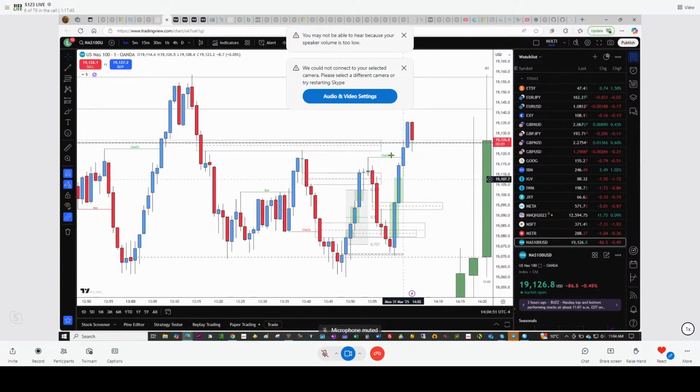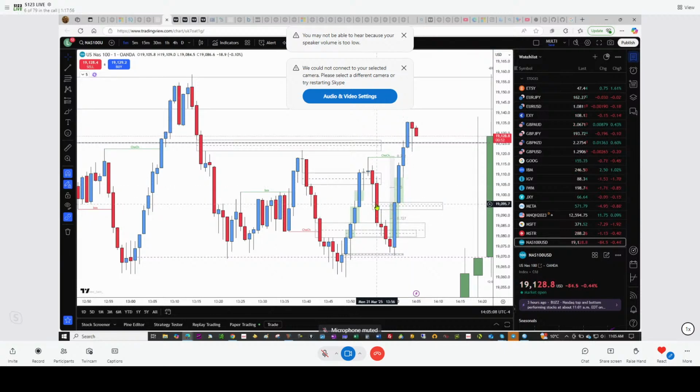So where will we retrace to? We'll be looking for a 50% move of this guy or lower. So we want to come down into this gap or lower, ideally. So this inverted gap would be nice if we come all the way back down there. I don't know if they're going to do that, but at least the 50% area.